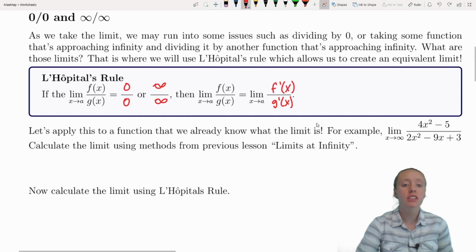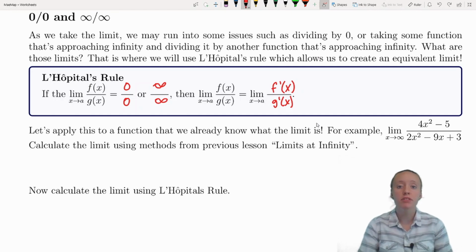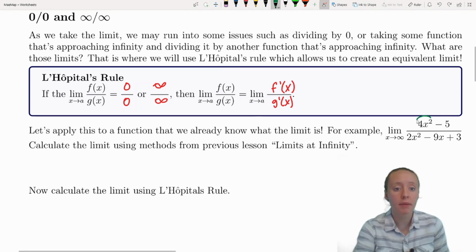For example, let's look at the limit of 4x squared minus 5 over 2x squared minus 9x plus 3 as x approaches infinity. We're going to calculate the limit using the methods from our previous lesson, limits at infinity. And remember, for limits at infinity, we use essentially the highest power rule. In my numerator, the highest degree is x squared, so I'm going to have 4x squared, and my highest degree in my denominator is 2x squared.